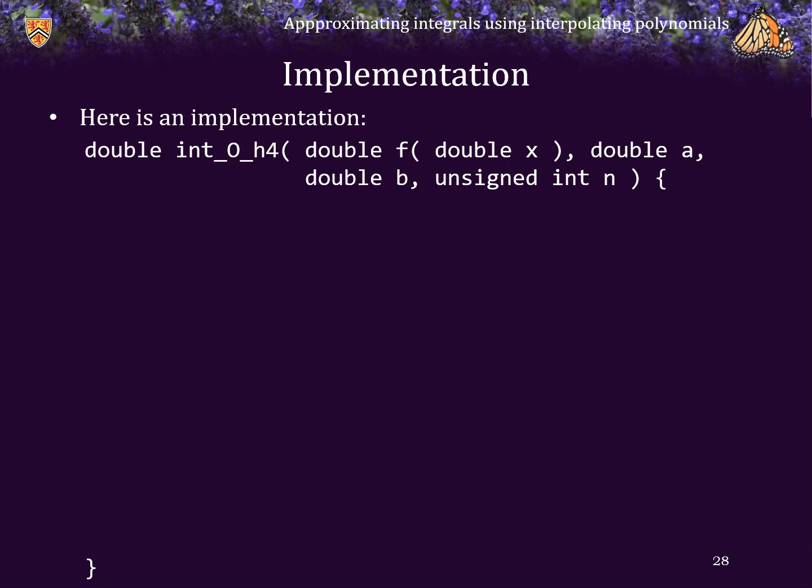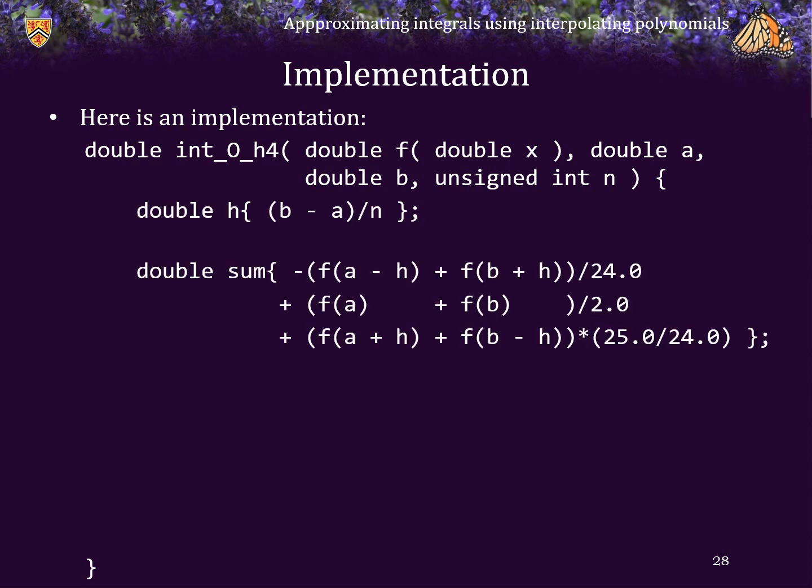And notice that we again take a function pointer, the endpoints a and b, and an unsigned integer n as arguments. We calculate the value of h, and we initialize the sum with those 6 extraneous terms that don't follow the general pattern.